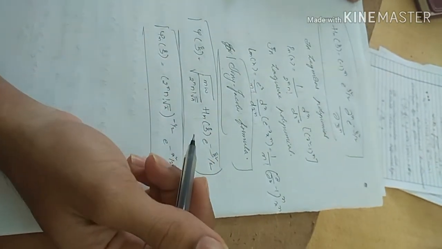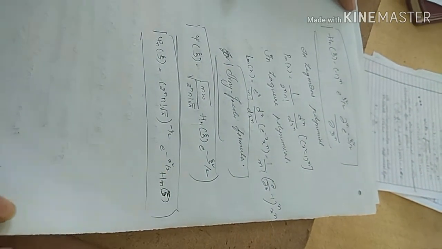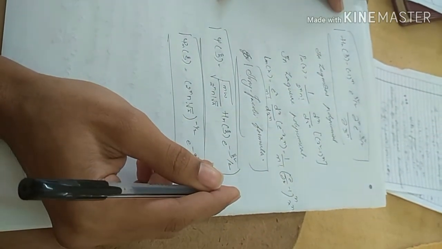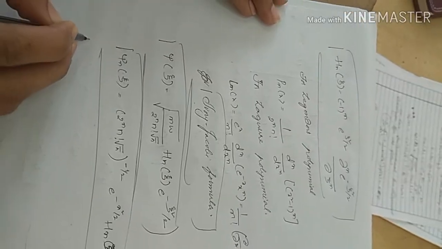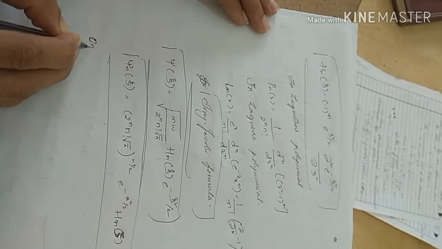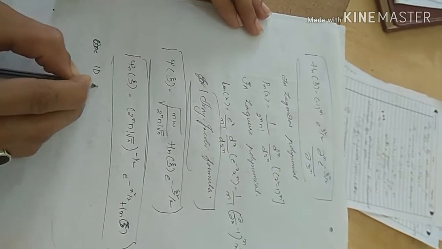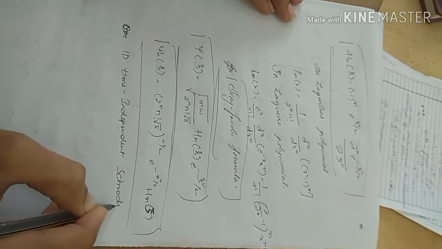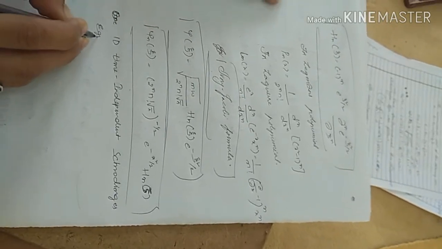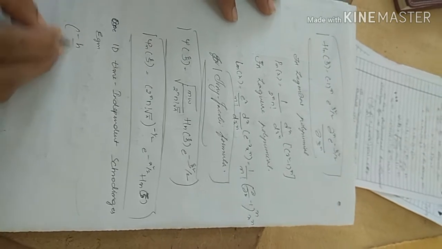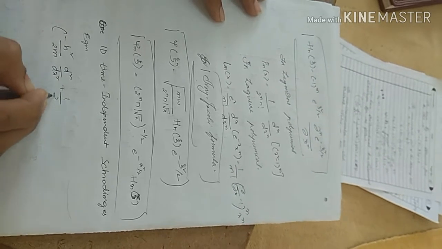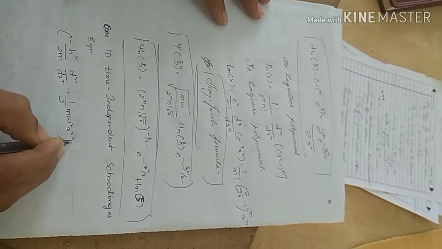And let us see this derivation in a more simplified form. We introduce two operators known as the annihilation operator and the creation operator. Let us see the one-dimensional, that is 1D, time-independent Schrödinger equation, as follows: minus h bar square by 2m d square by dx square plus V psi of x.